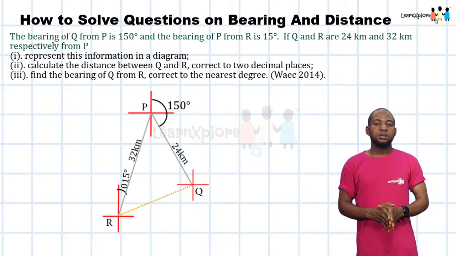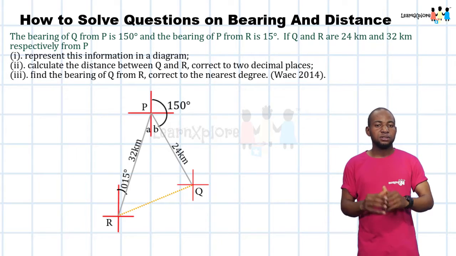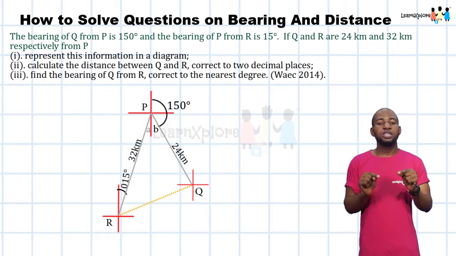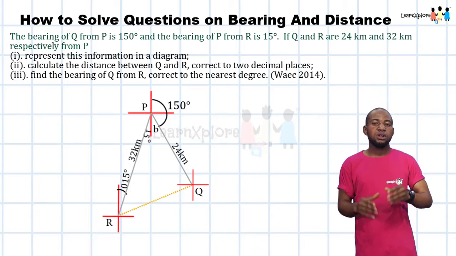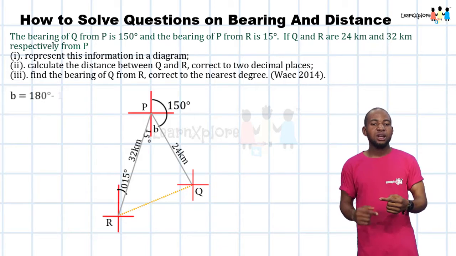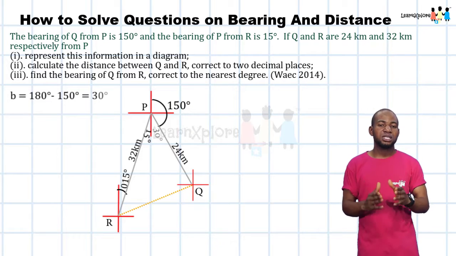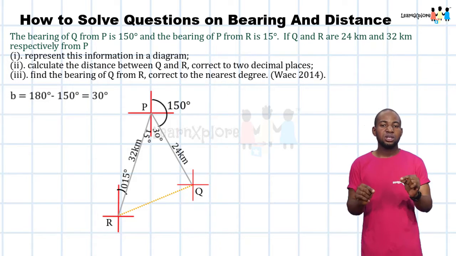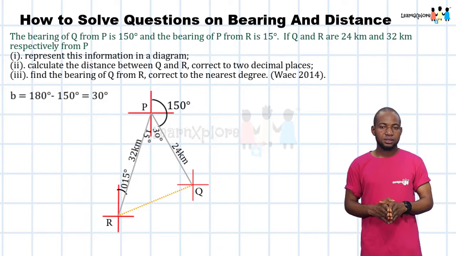From the diagram, name angles as A and B. Angle A is equal to 15 degrees, alternate angles. Angle B is equal to 180 degrees minus 150 degrees equal to 30 degrees. I used the sum of angles on a straight line to get that value.